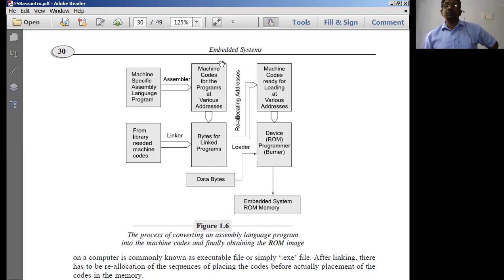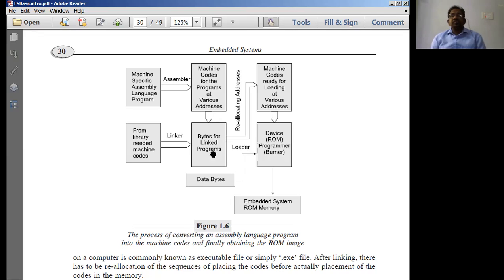And how do we execute these programs? The rules and regulations to perform the task are implemented here. We get the .obj file from the assembler, and the linker links these bytes for the linked programs into the entire program.